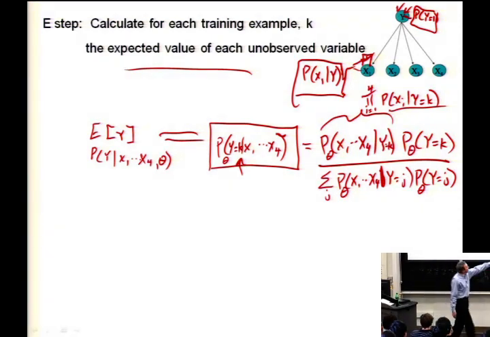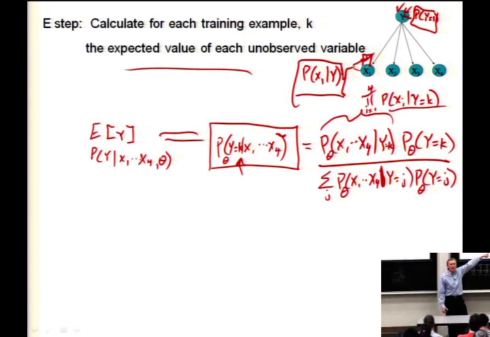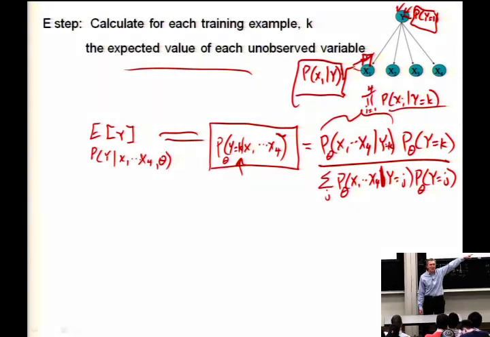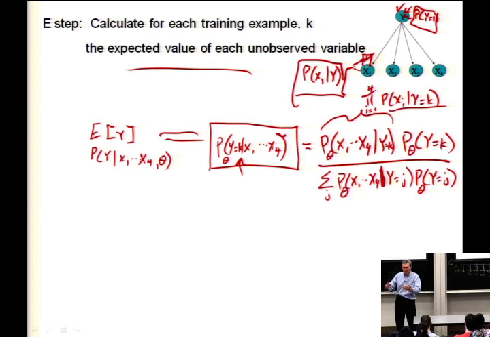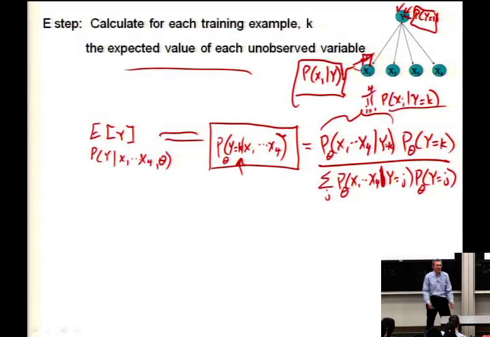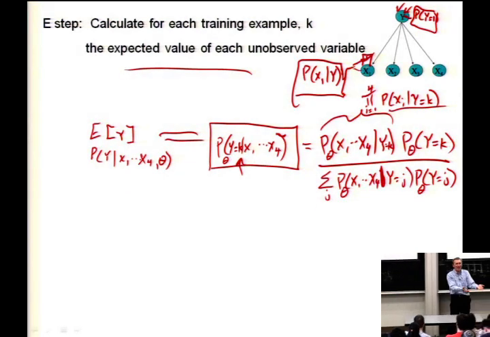In other words, if you look at that formula, it's the same thing we use when we classify a new example given a trained naive Bayes classifier. So all we're doing is using our current theta, treating it as a naive Bayes classifier, and now we're classifying the unlabeled data.